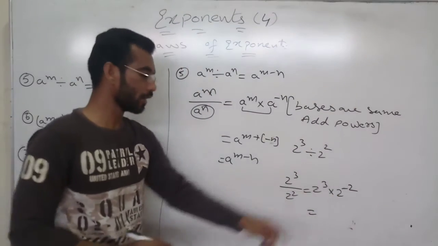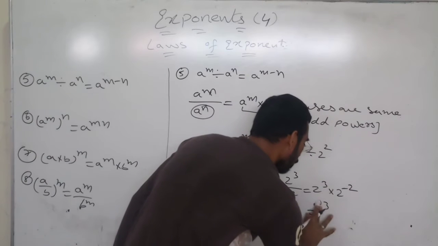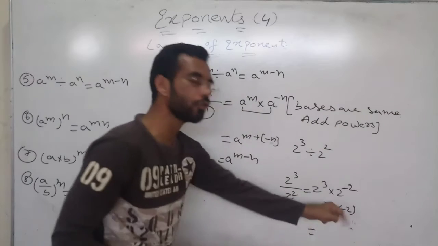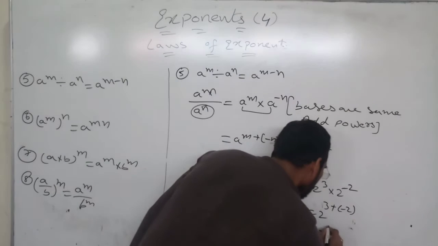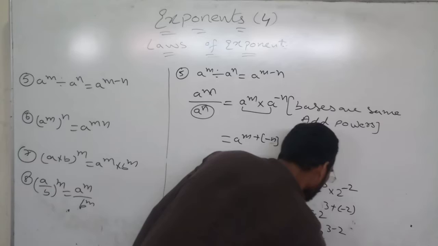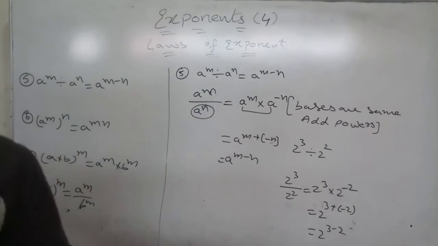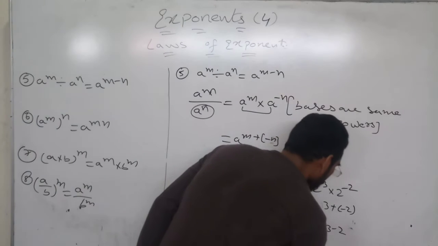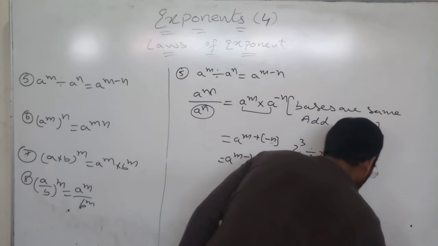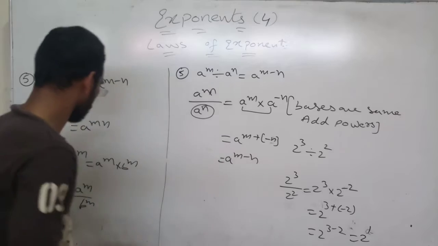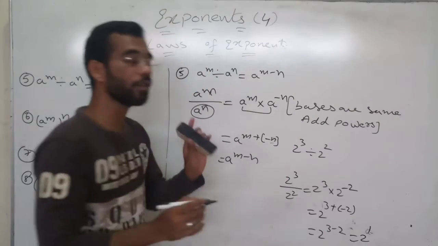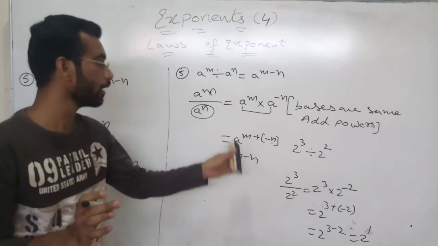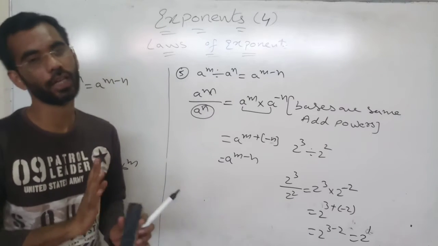Then 2 to the power of 3 plus minus 2, plus into minus, 2 power of 3 minus 2, that is 2 power of 1. It is 3 minus 2, which is 1. It will be 2 to the power of 1. This is possible only when the bases are same. If the bases are not same, then it is highly impossible to do.